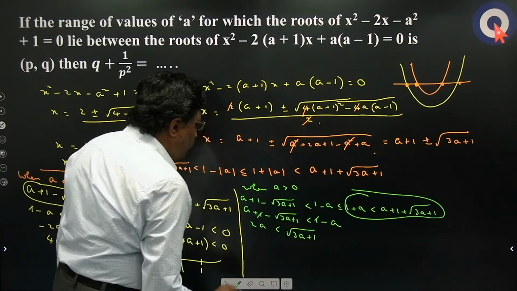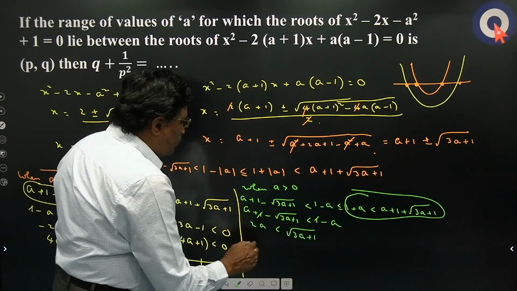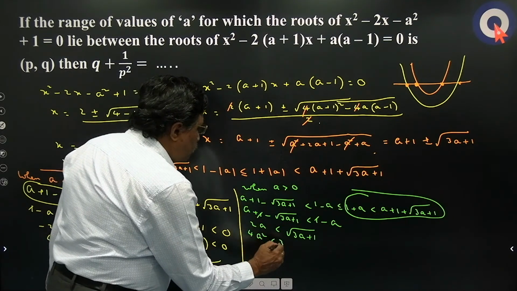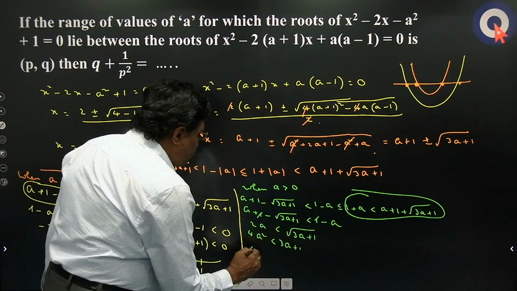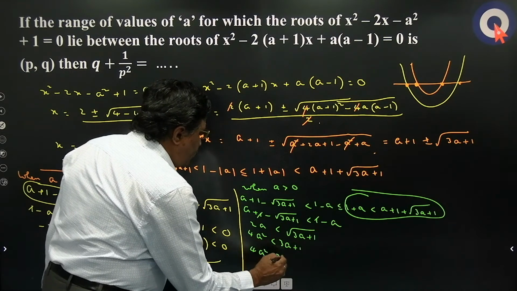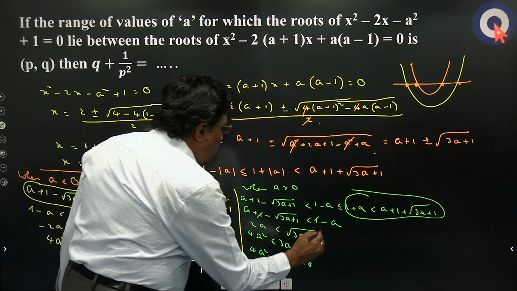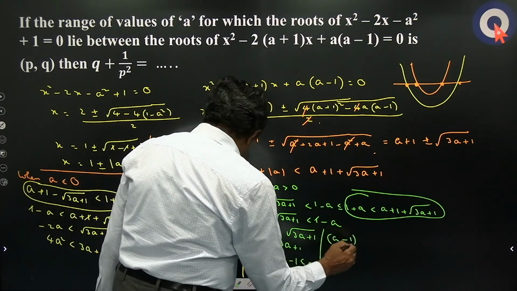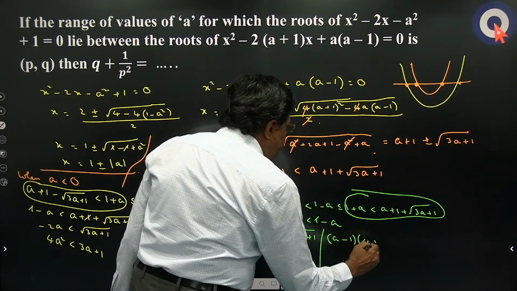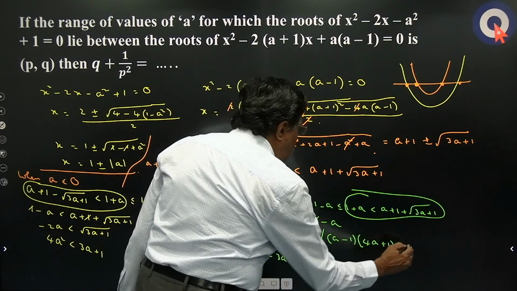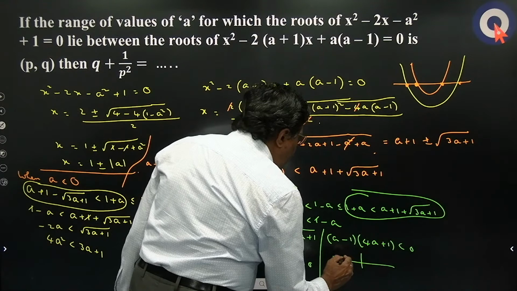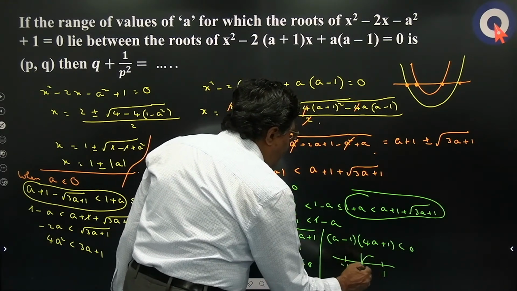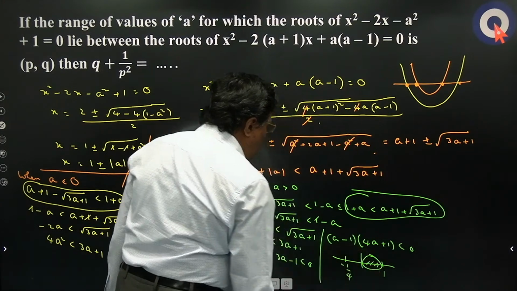You can see here, since a is positive, both sides are positive, you can go ahead and square it. So this is 4a square minus 3a minus 1 less than 0. In other words, what you are getting is again the same thing, a minus 1 into 4a plus 1 is less than 0. That means again a lies between minus 1 by 4 and 1, and because a is greater than 0, I can only take this much, 0 to 1.